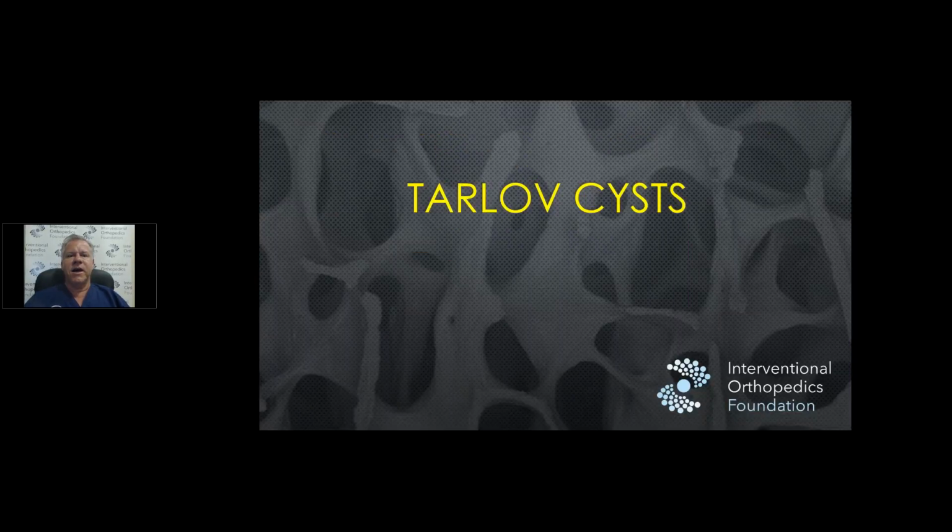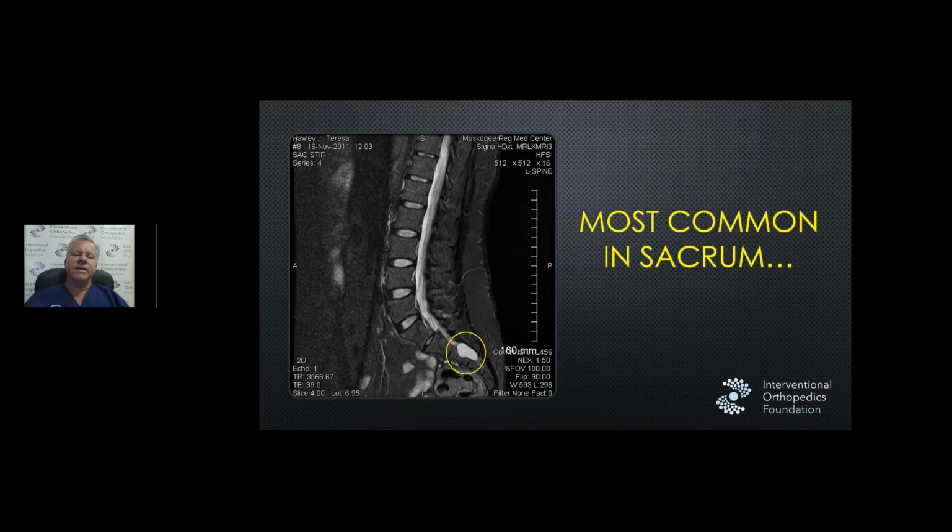Tarlov cysts. Most common area is in the sacrum, and for many years these have been considered asymptomatic, and now there's more of a push in the literature that in some patients where they're larger, they may well be symptomatic.